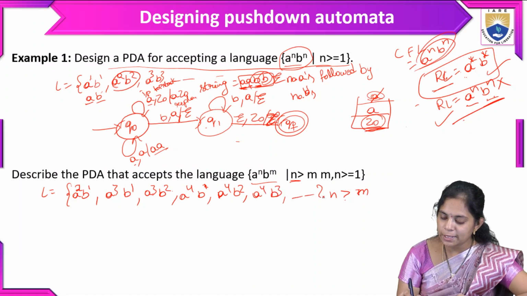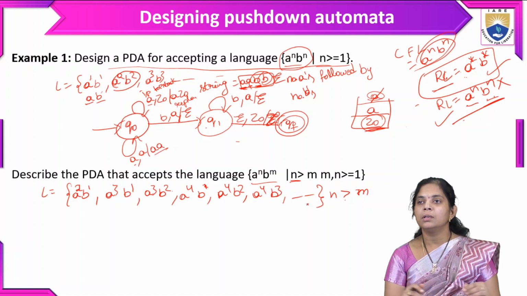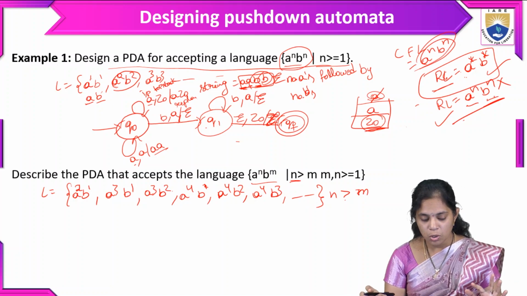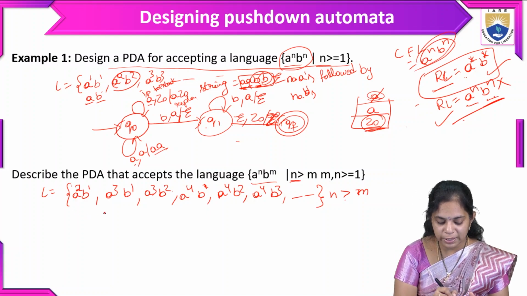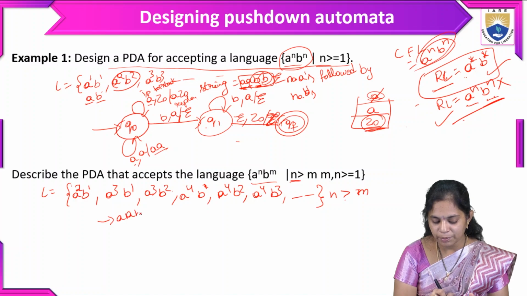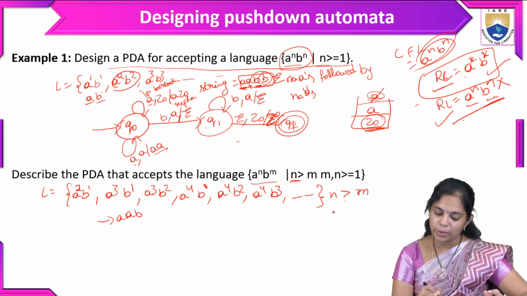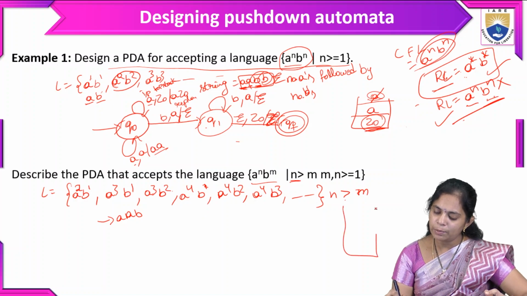So these are all the possibilities of the language. So here the minimum length is AAB, which is accepted. So for this one, while designing the pushdown automata, we have the option first.